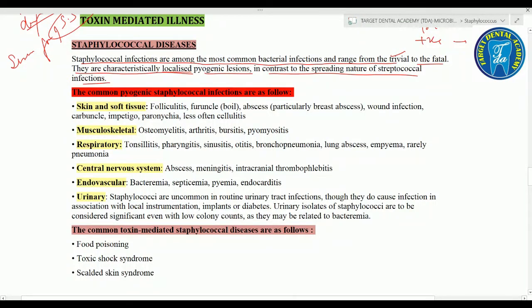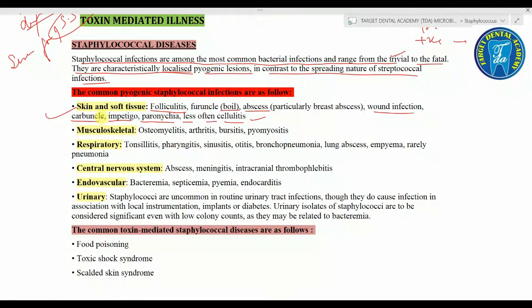The most common pyogenic staphylococcal infections are in the skin and soft tissue: folliculitis, boil, abscess, wound infection, carbuncle, impetigo, paronychia, less often cellulitis.